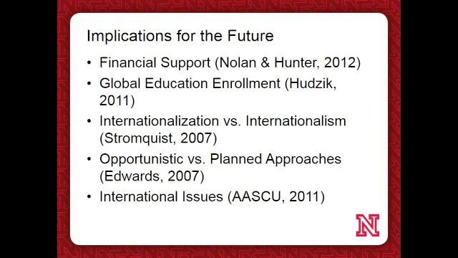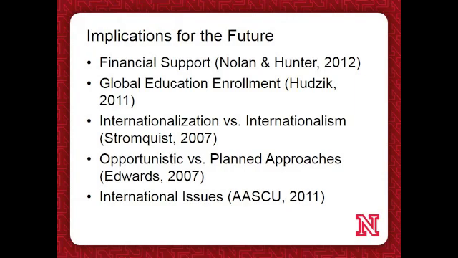The cautionary tale here that Stromquist found is that internationalization can restrict universities' maneuverability if they aren't paying attention to the dynamics that are affecting them. And that's a clear warning to any institution planning to internationalize to take the time to plan ahead and think about what they want to accomplish and act accordingly.